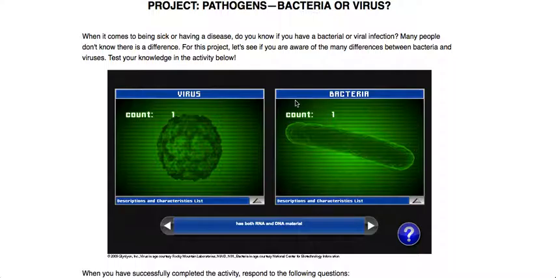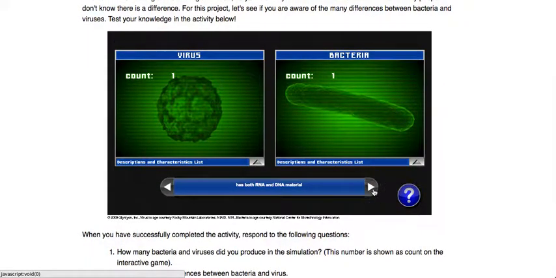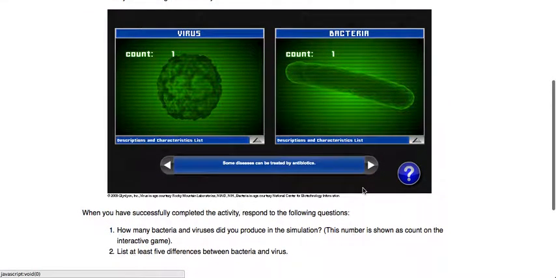Okay, so what you're going to do is compare and contrast the differences between bacteria and viruses, testing your knowledge below in the activity. So for this, you're going to actually complete the activity. Okay, and this is a drag and drop activity.